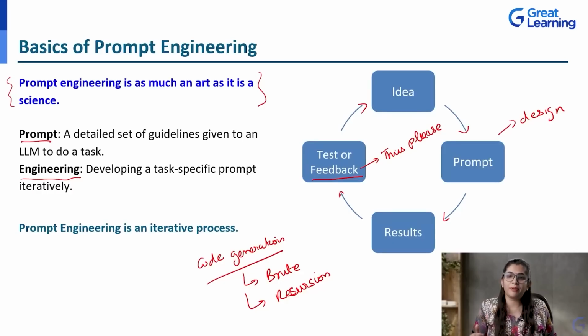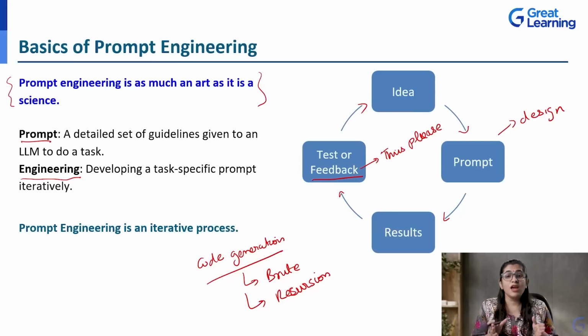That's where your feedback or test comes into the picture. You have to have a conversation with your generative model, or in this case, ChatGPT, and give them constant feedback. It is good, it is bad, this specific part you want changed, right? All these things are an iterative process.